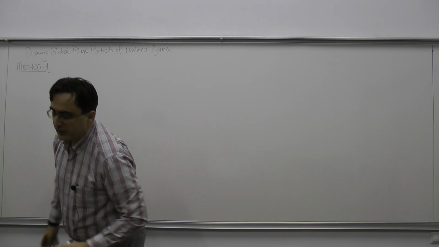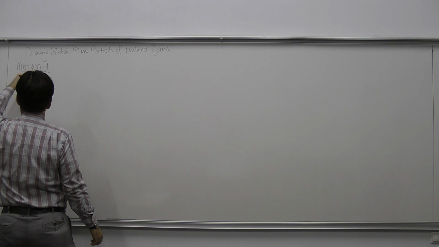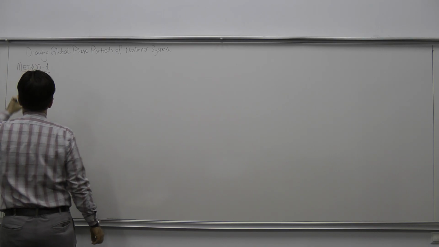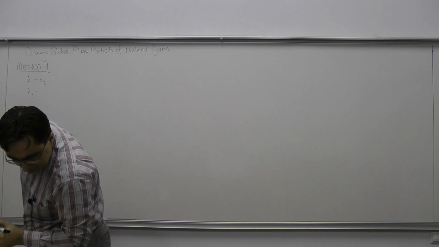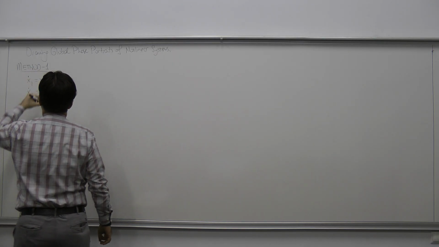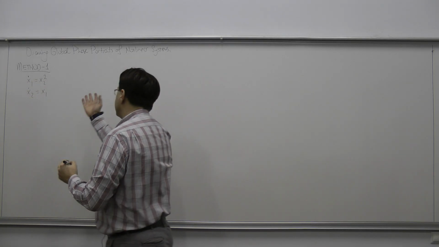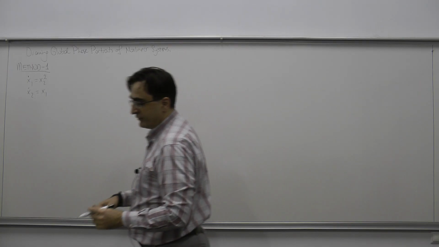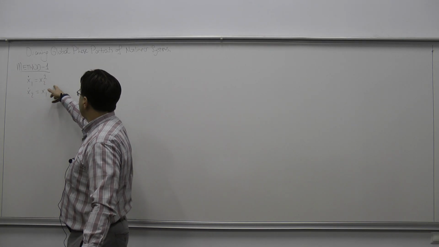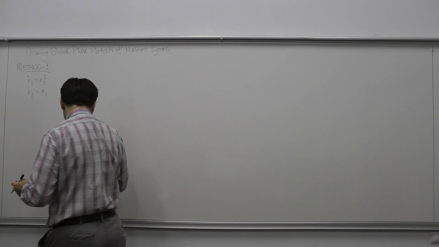Here we are given a nonlinear system: x1 dot is equal to x2 square, and x2 dot is equal to x1. So this is our nonlinear system, and you see that the nonlinearity is in the first equation. The second equation is linear.